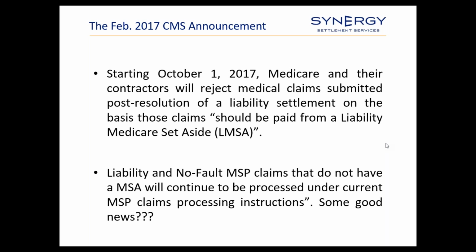So that's where the liability Medicare set-aside was named. Liability and no-fault MSP claims that do not have an MSA will continue to be processed under MSP claims processing instructions. So that seems like some good news.